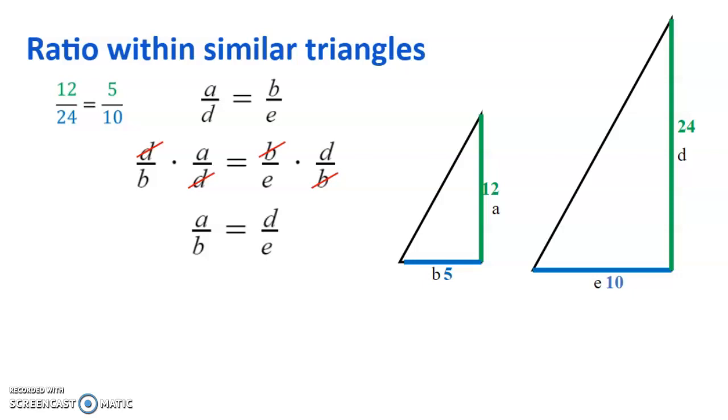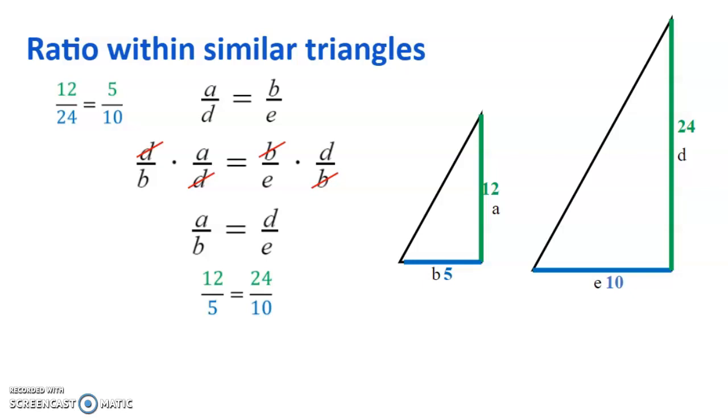Before, we were matching up the corresponding sides from two different triangles, but now this time we are doing the ratio within one triangle to a ratio within another triangle that are similar. If I use the previous numbers, I know that 12 over 24 is the same as half, and 5 over 10 is the same as half, so that came out to be true.